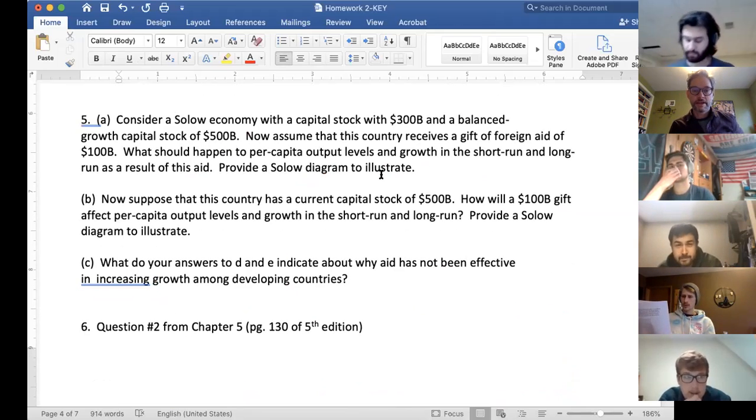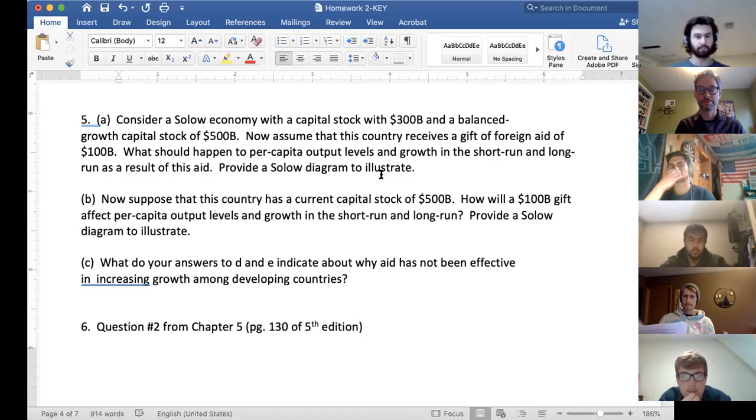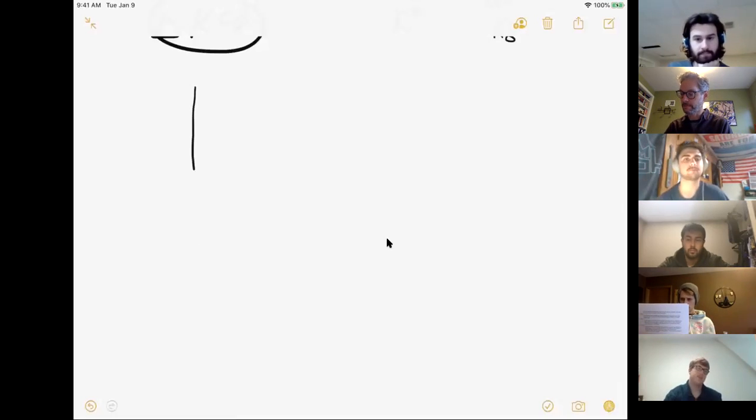Speaking of questions you could see on tomorrow's exam, this is a question that I just pulled off an old exam. So consider a Solow economy with a capital stock of 300 billion and a balanced growth capital stock, in other words, a steady state, of 500. So what happens to this country if they're given a one-time gift of capital?